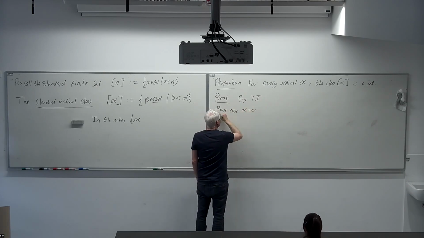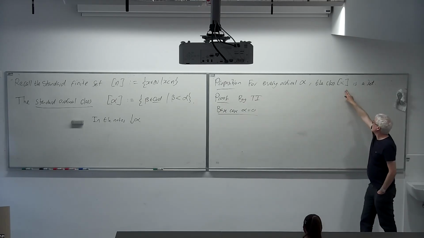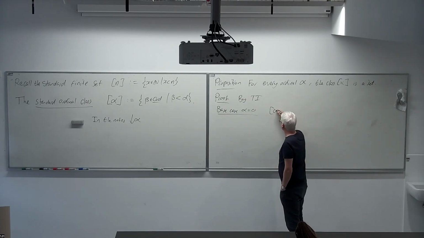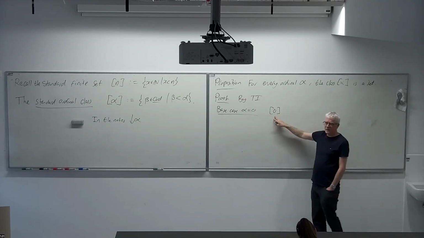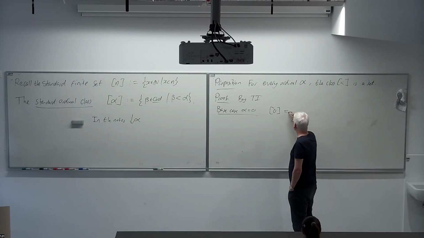The base case: alpha is 0. Is the class of ordinals strictly less than 0 a set? Yes, because it's the empty set, which is a set.